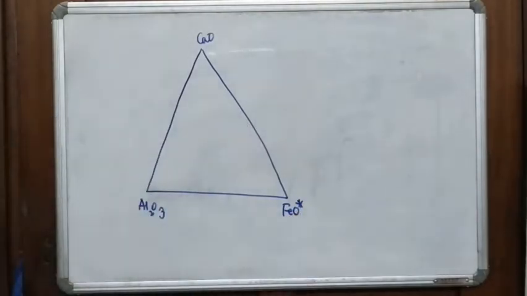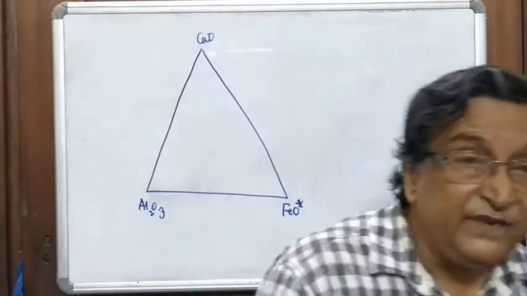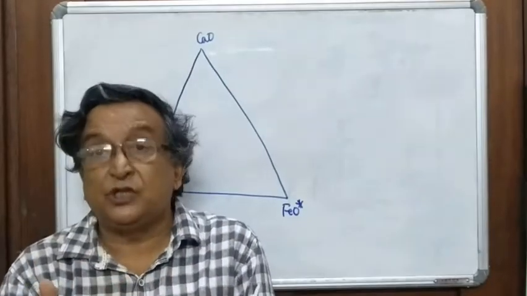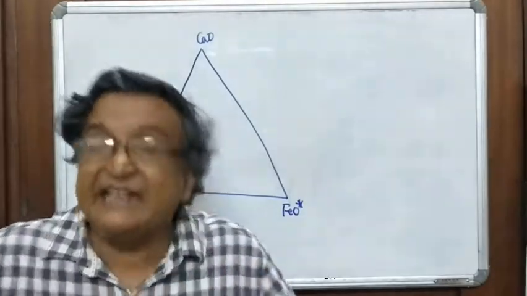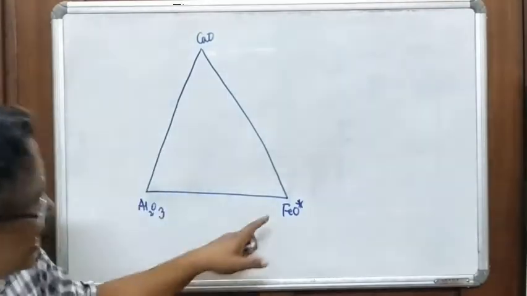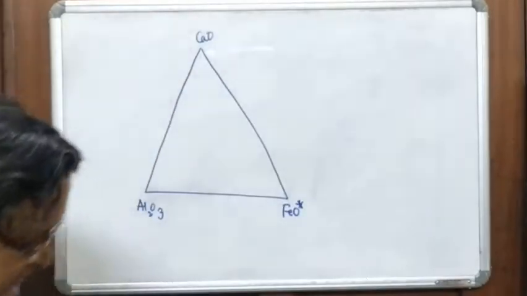Remember, FeO star is FeO plus MgO. What is the problem with this? That I am clubbing the Fe-Mg distribution. I am completely neglecting it, which is completely wrong. But just for the sake of chemographic analysis, I am keeping this.